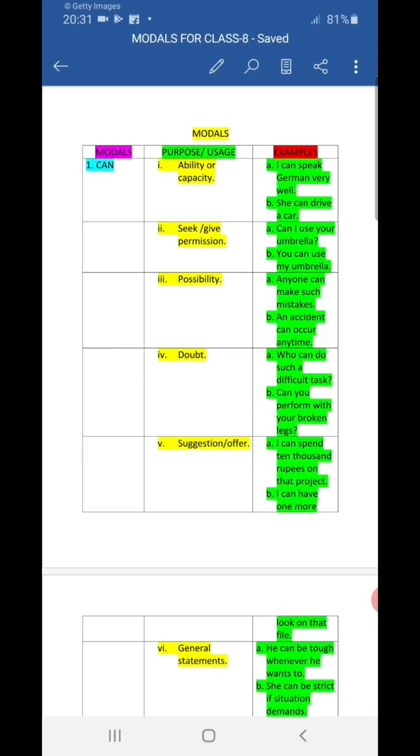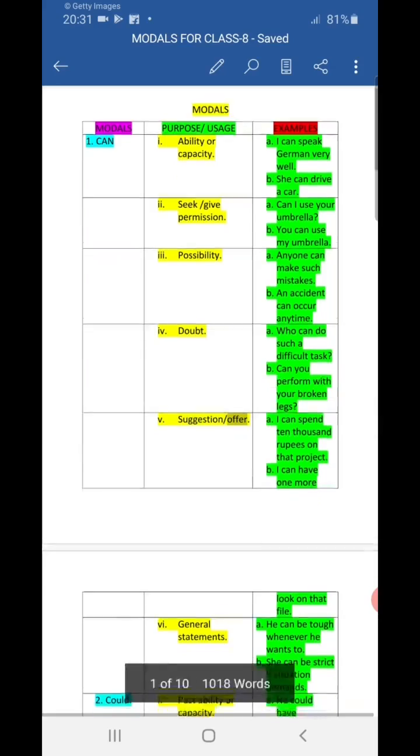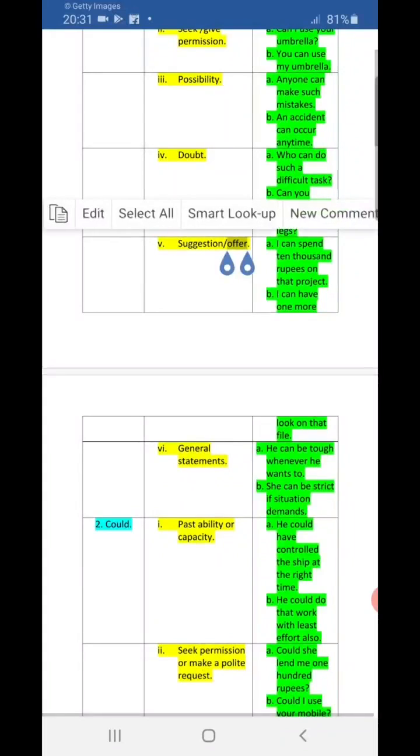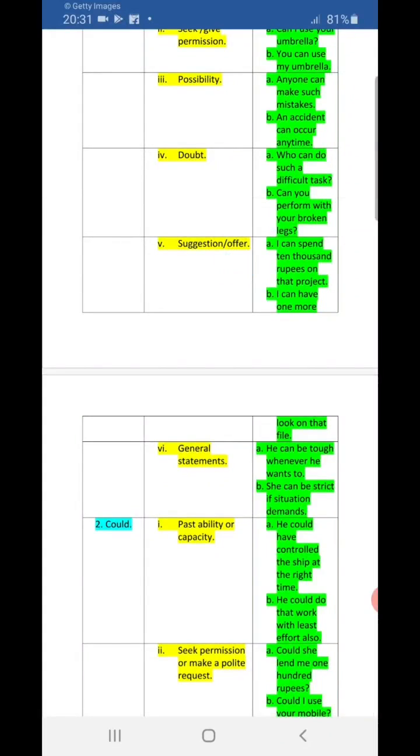So it's a kind of suggestion or offer that someone is making. Next one, number B. I can have one more look on that file. So it's a kind of offer that I can have one more look on that file.